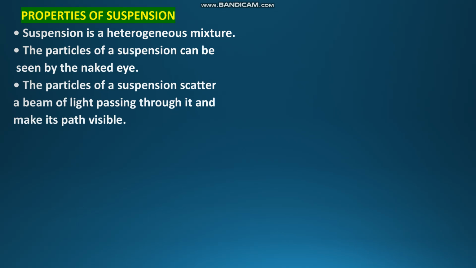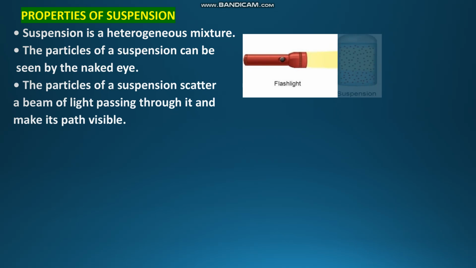Another one, the particles of a suspension scatter a beam of light passing through it. So if you are passing a beam of light through a suspension, we can see the path of the light. What is the reason? The particles of a suspension are big enough to scatter the beam of light. As this is scattering the light here, the path of the light is visible.